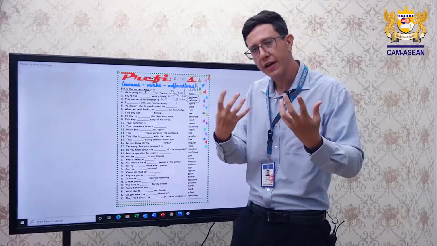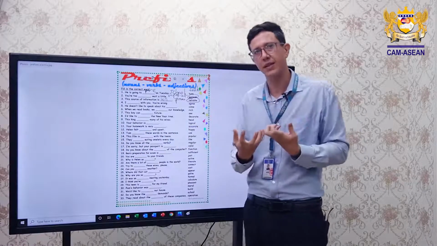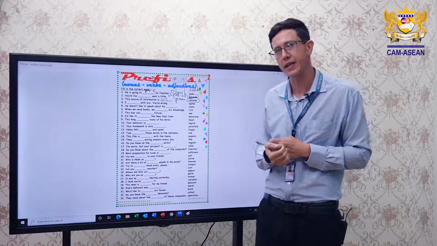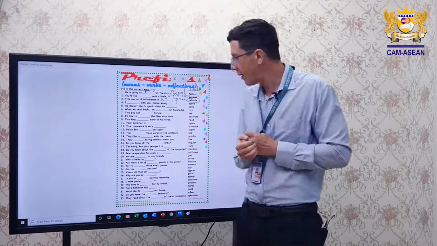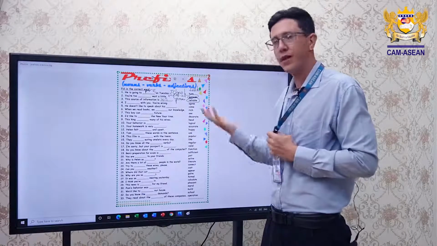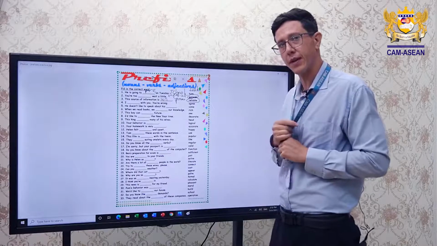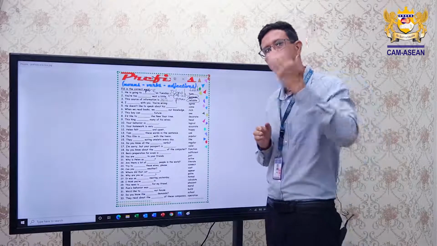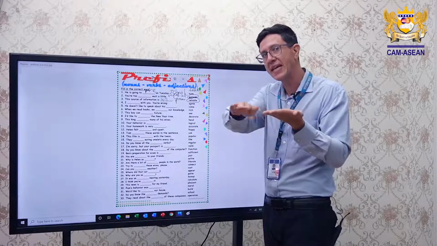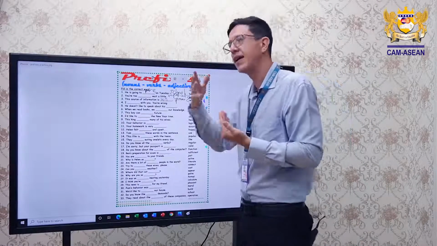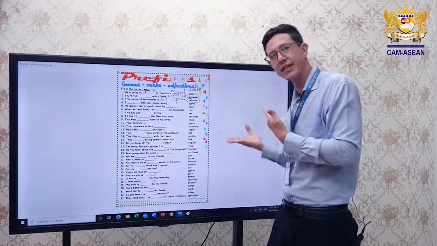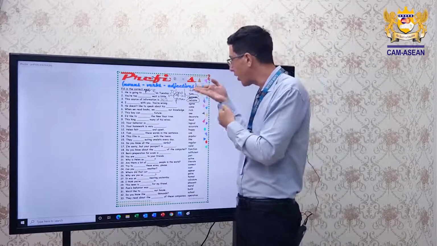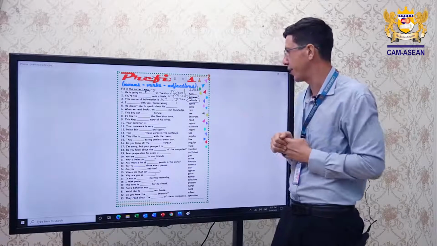So this is what we're trying to do. We're trying to see what makes sense. We really have to use critical thinking here, because there's more than one option. And like I said, there's not a lot of rules to help you decide. Your main rule is, does it make sense? Does the meaning of the prefix fit, does it go with our root word, our main word?